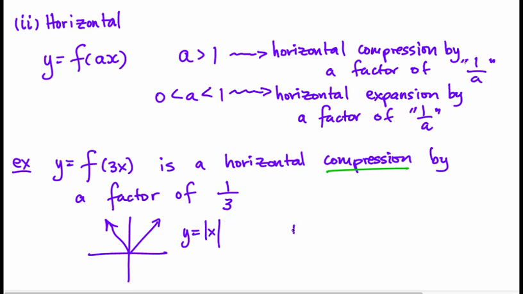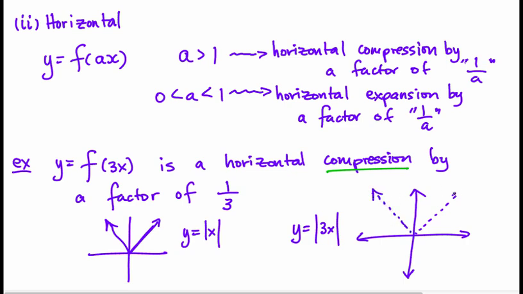What happens when I try and graph the absolute value of 3x? Well, I know that x has been replaced with 3x, and that 3 is making a horizontal compression by a factor of 1 over a. So instead of this and this, everything has been crunched in, and it looks like this and like this. So all the values have become 1/3 as far in the x direction.